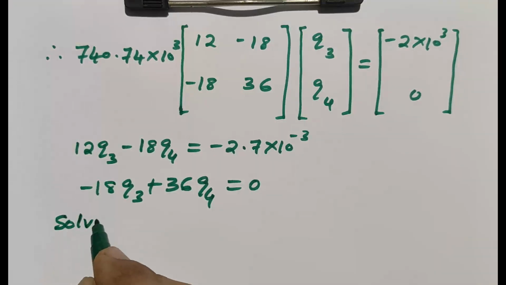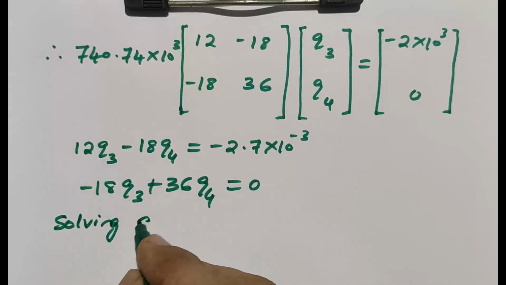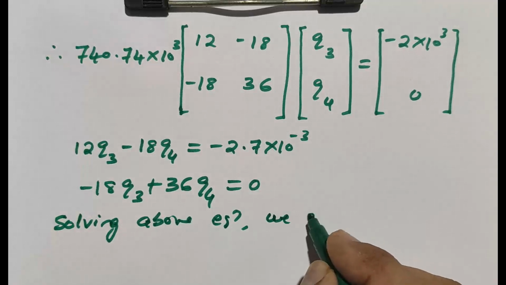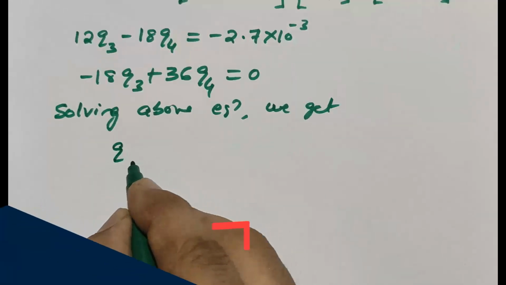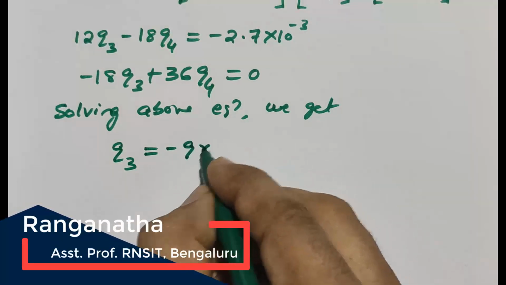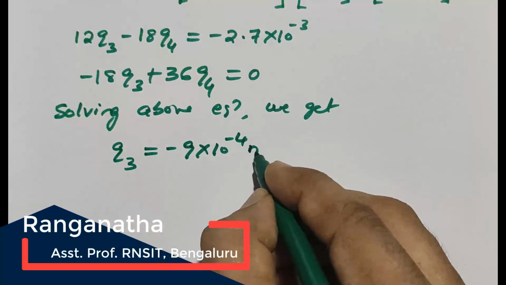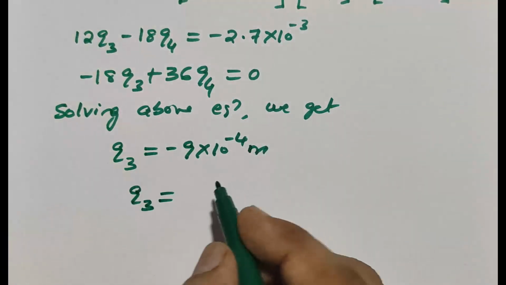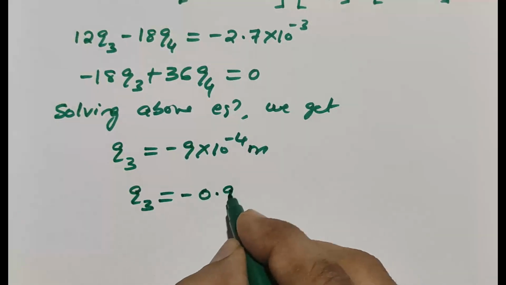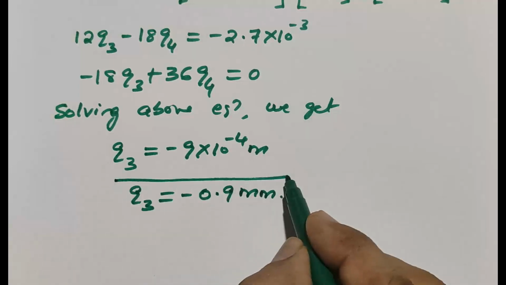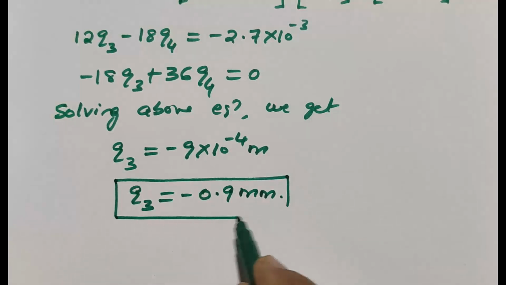Solving above equation, we get Q3 is equal to minus 9 into 10 power minus 4 meter, or Q3 is minus 0.9 mm.